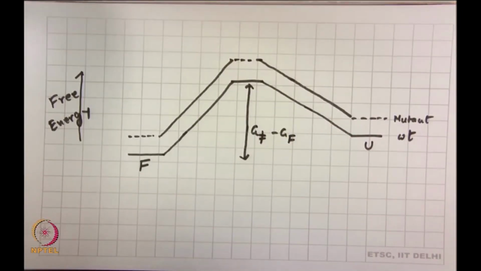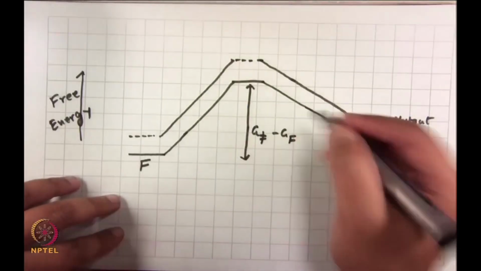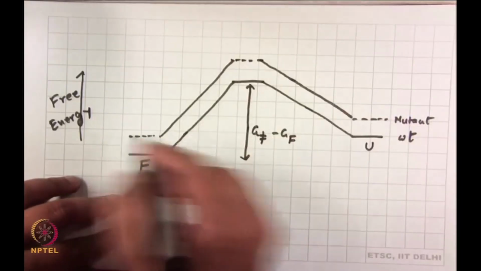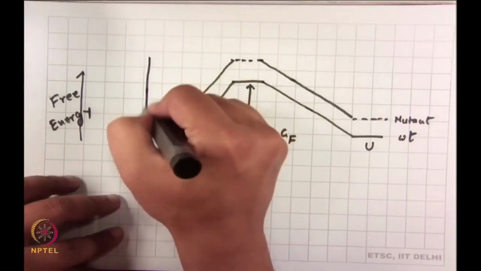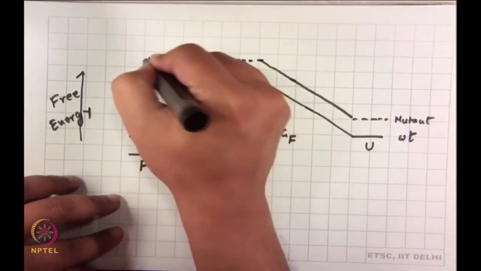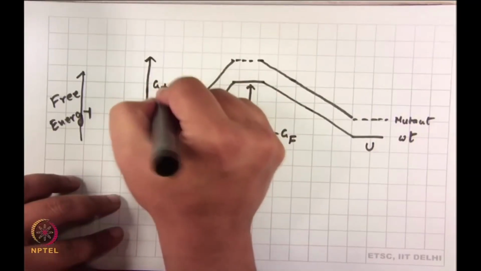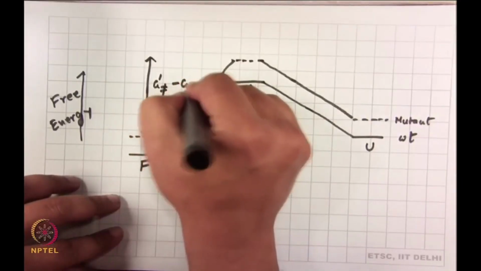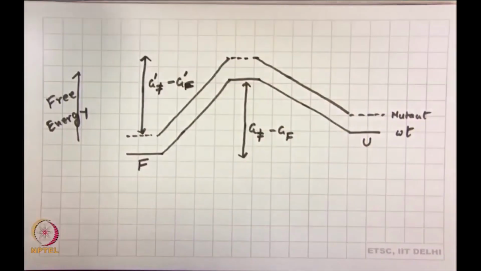Good. Now, if this is the mutant for me, this dotted line is a mutant. So, for the dotted line I can write G prime, the prime refers to the mutant, minus G F. Is this clear?